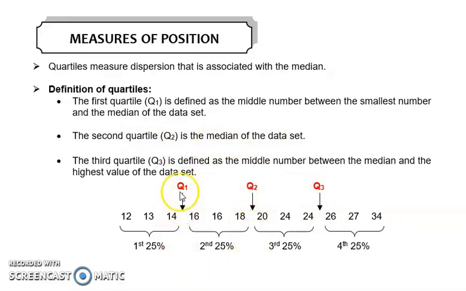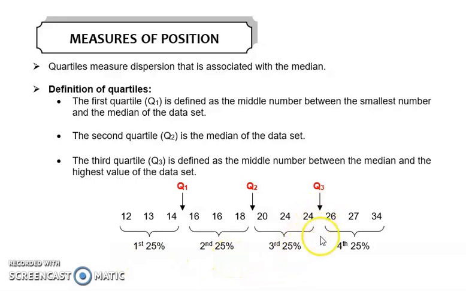If you look at Q1, we can say that up to Q1 is our first 25% of data. For Q2, up to Q2 is our second 25% of data. So from the first data up to Q2 is already 50%.